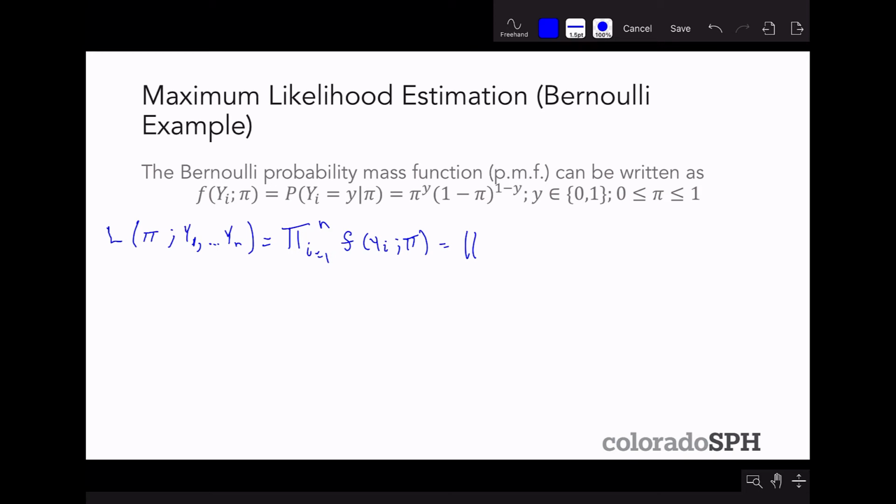the product from i equals 1 to n, which I'll just denote product i to make it easier, of pi to the yi times 1 minus pi to the 1 minus yi.